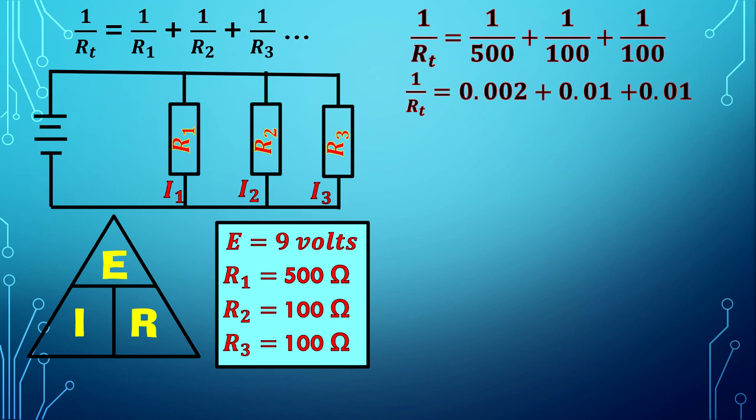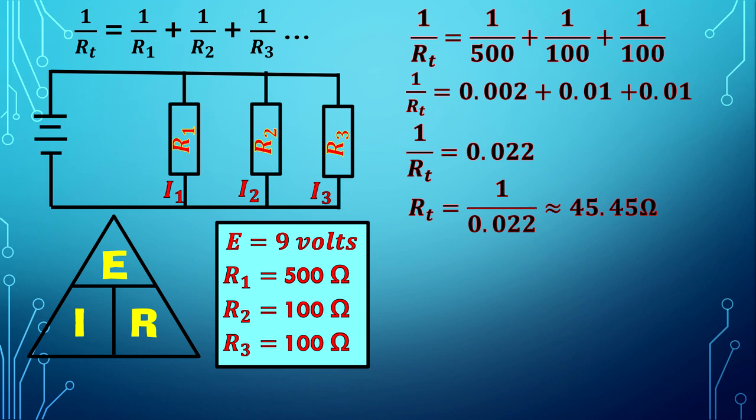So I've got 0.002, 0.01 plus 0.01, which comes out to 0.022. Then we take 1 divided by 0.022, and I get 45.45 repeating. So I'm rounding that off to 45.45. And that's my total resistance.